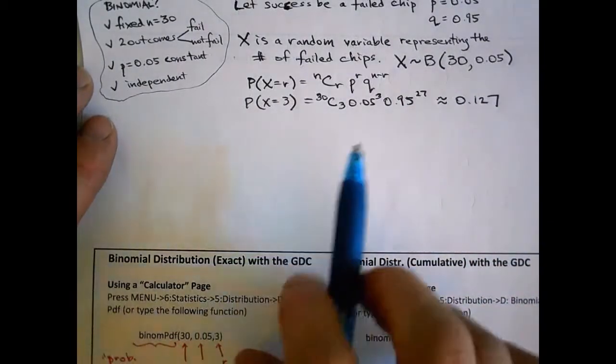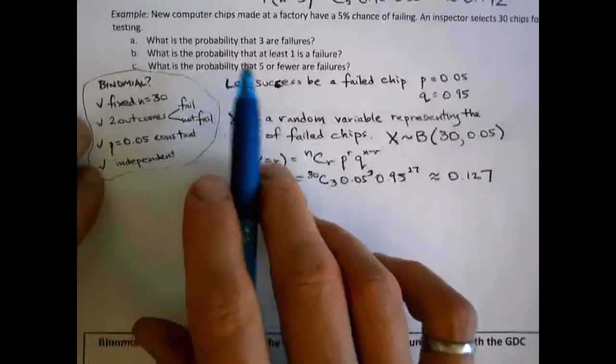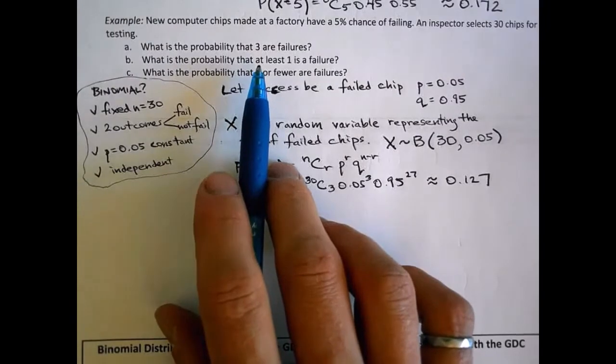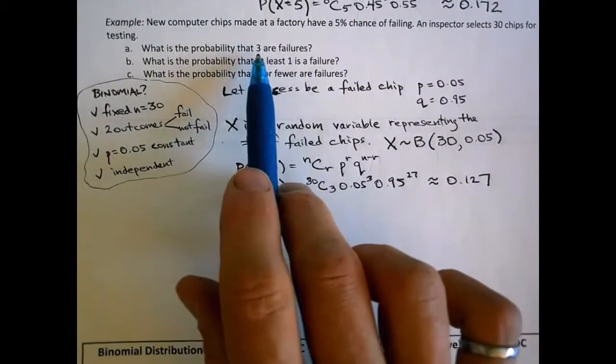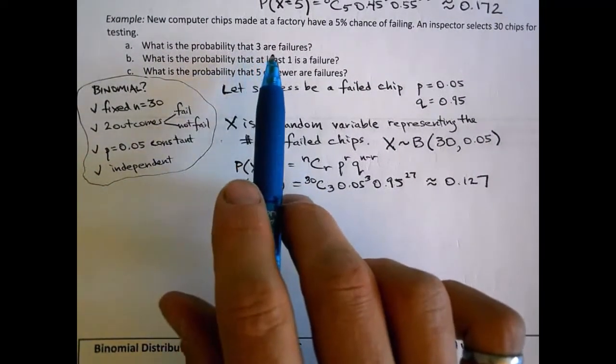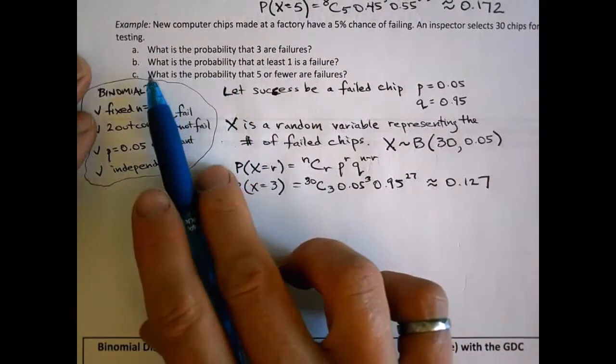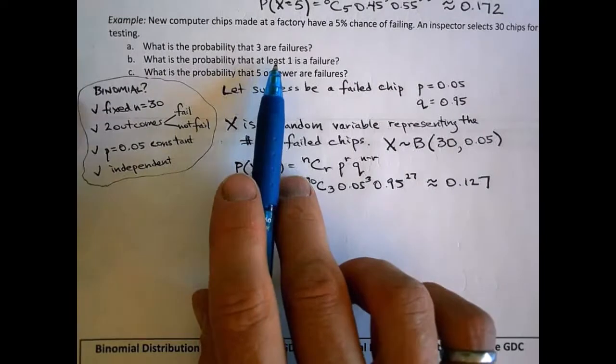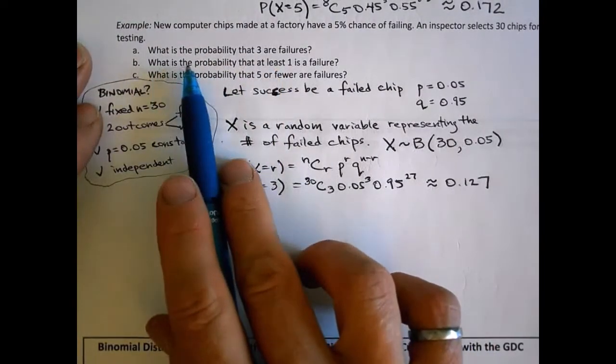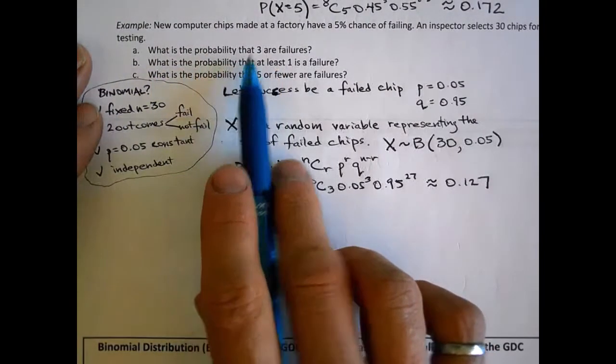More interesting to us though is not the probability of getting 3 failures, because that's not great. I mean, 3 failures is bad, but 2 failures would be bad too. 1 failure would be bad. So we're usually more interested in the probability that there is at least a certain amount. So in this case, what's the probability that there is at least one failure?